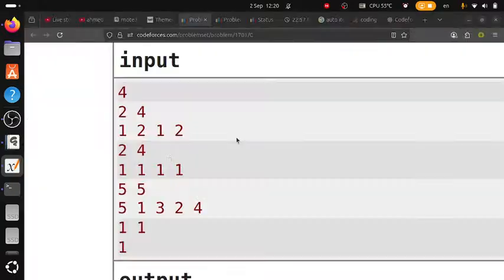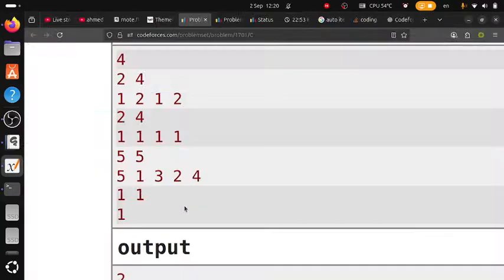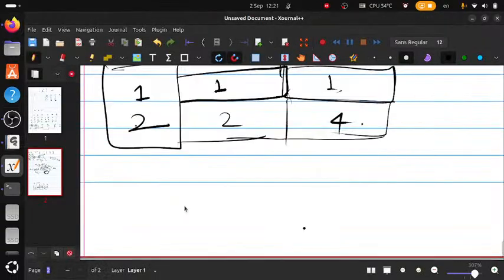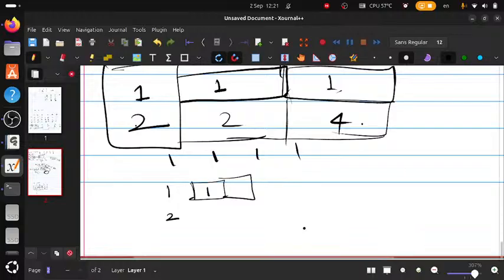So we have two workers and we have 4 tasks, and we have 1 and 2. So 1 1 1 1. Now the first guy completes this in 1 hour, the second task is completed in the second hour, and then you realize that this guy right here is staying idle.